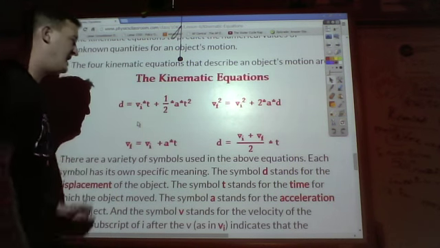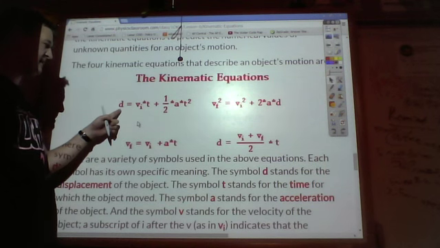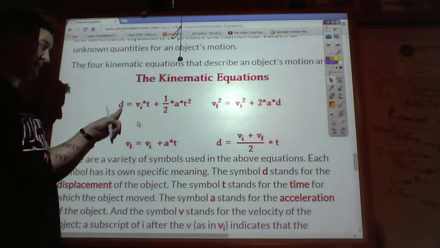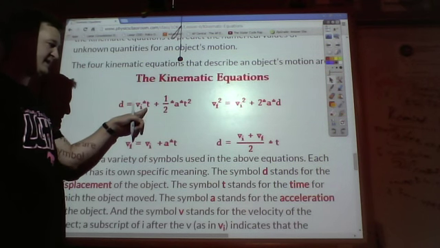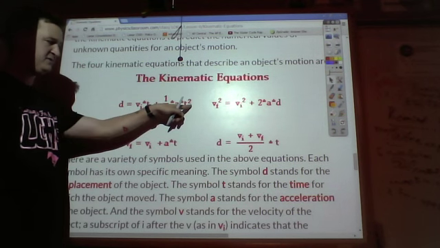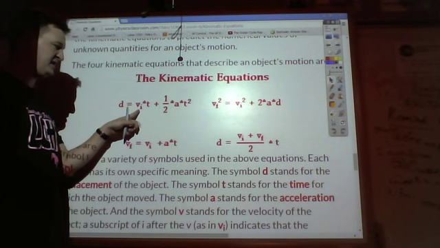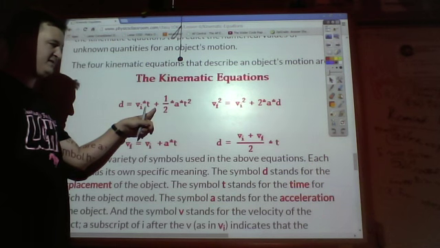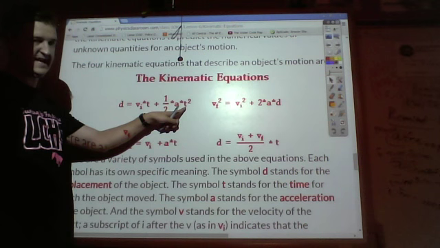So here they are. The 4 kinematic equations, and they address it as the big 4. Displacement is equal to VI times t plus 1/2 AT squared. That be displacement is equal to initial velocity times time plus 1/2 acceleration times time squared.